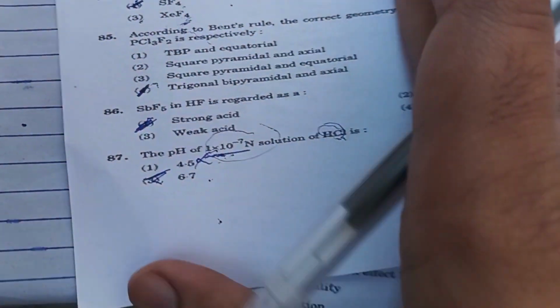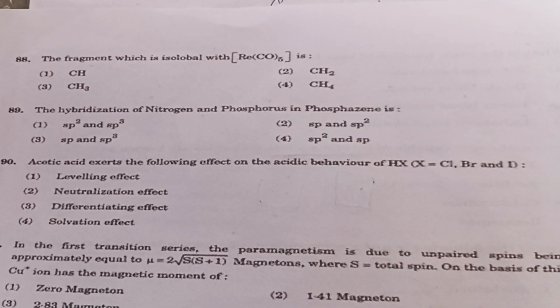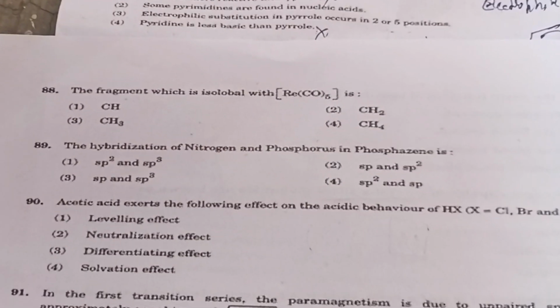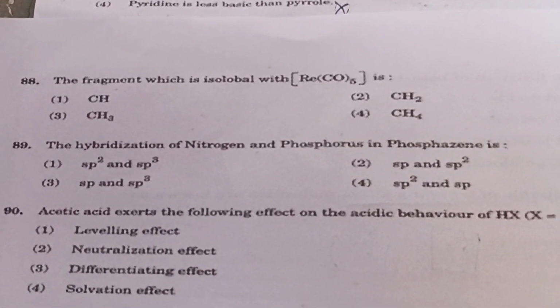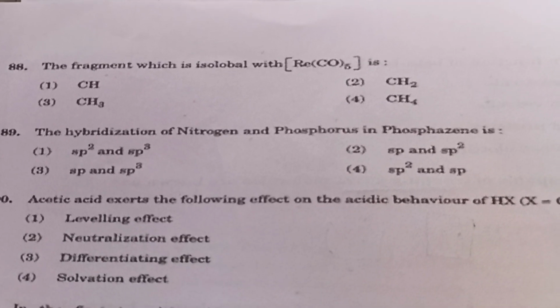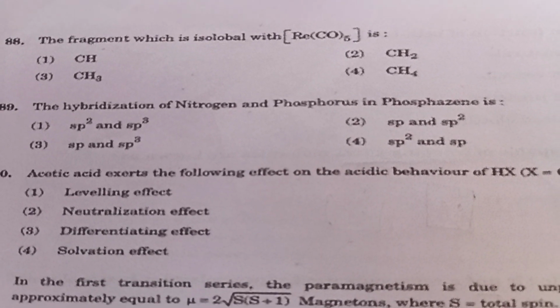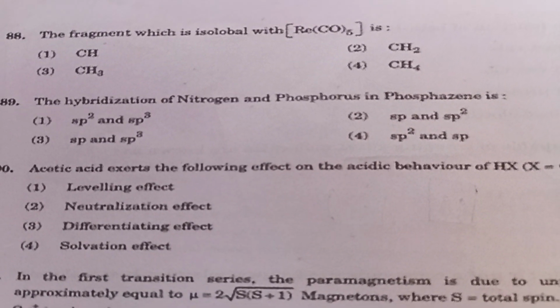Okay, next is question 88. Here they are asking which group is isolobal with Re(CO)5. Here there are some elements. We know that Re is a d7 system, so there are 7 electrons.